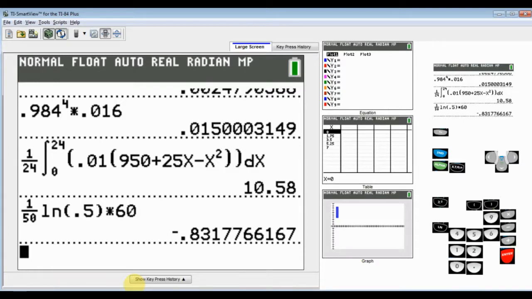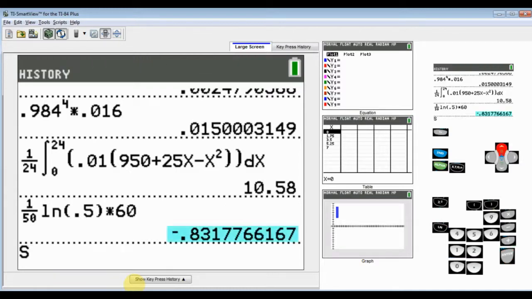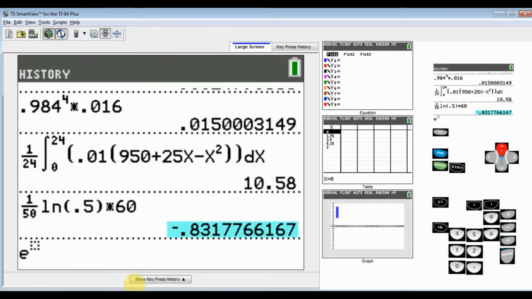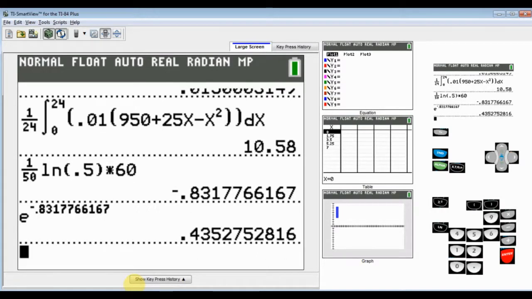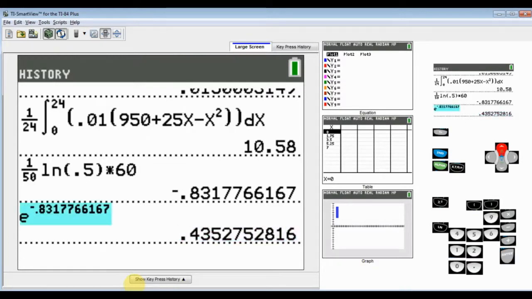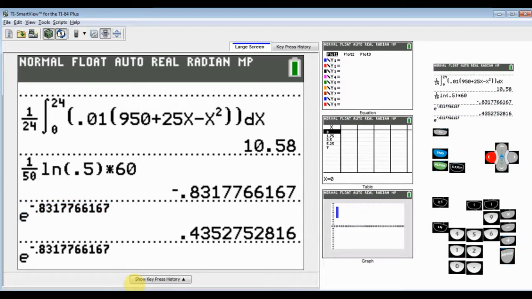So my answer is going to be e to the, well, this number, right? That gives me 0.43 times 100. Sorry, times 100. I forgot the 100.